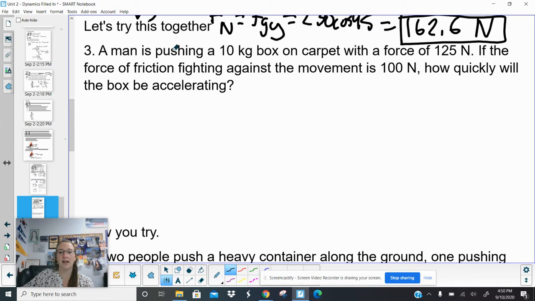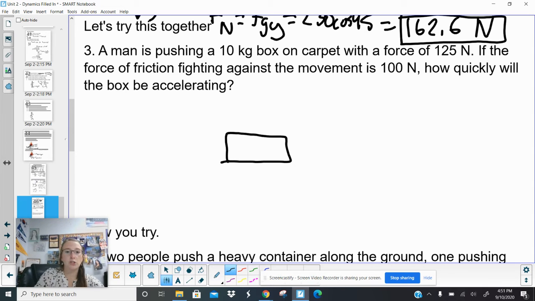Okay, let's try this one together. A man is pushing a 10-kilogram box on carpet with a force of 125 newtons. If the force of friction fighting against the movement is 100 newtons, how quickly will the box be accelerated? So this is new. So let's draw our diagram. We have a box on carpet. A man is pushing it.